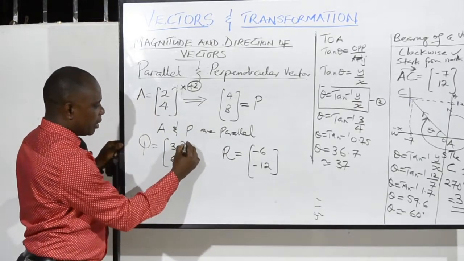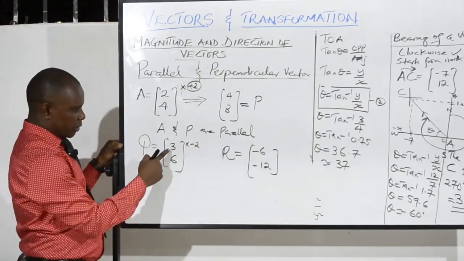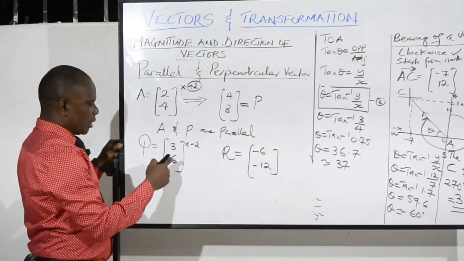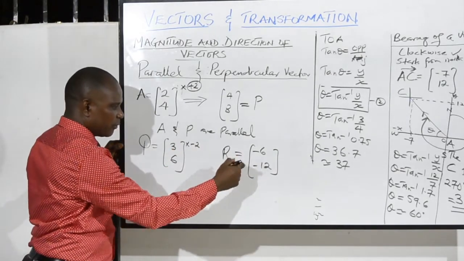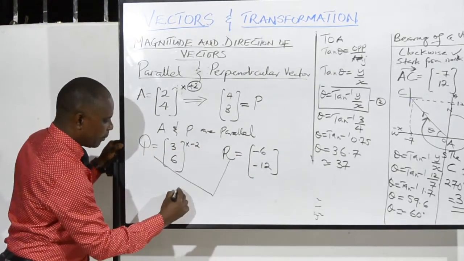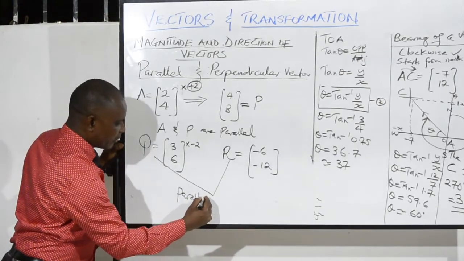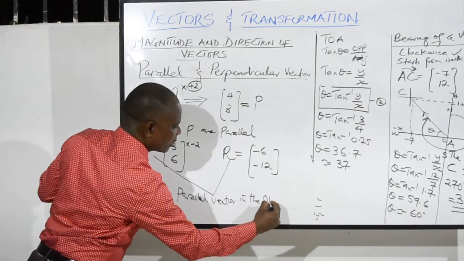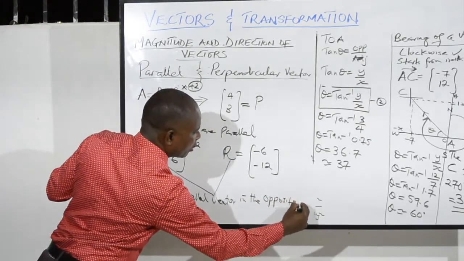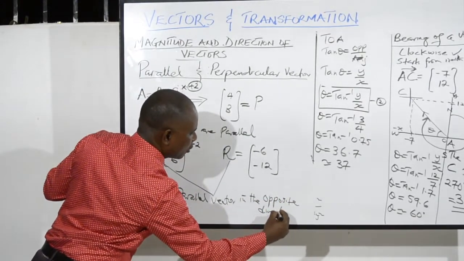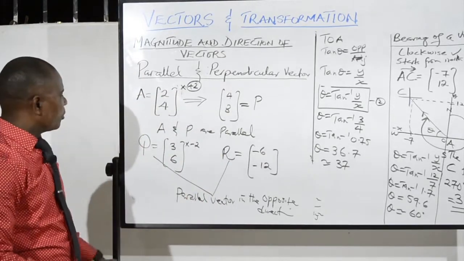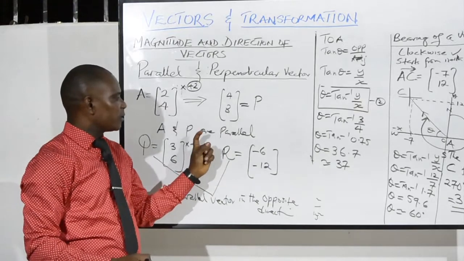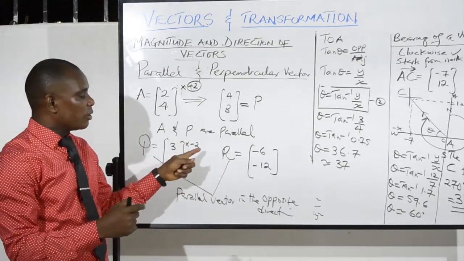I multiplied by minus 2, so 3 times minus 2 gives minus 6, and 6 times minus 2 gives minus 12. So Q and R are parallel vectors, but in the opposite direction, because the whole number multiple is a negative number. When the whole number multiple is a negative number, the vectors are parallel but in opposite directions.